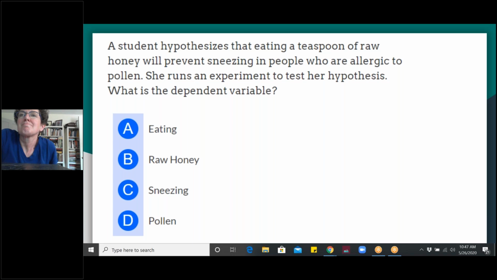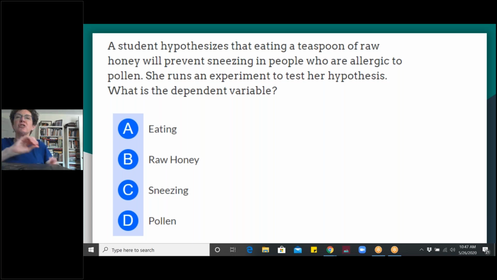What is the dependent variable? Pollen? What I asked you before was not what is the dependent variable. I asked you what is it that the experimenter is changing, which is actually the independent variable. So what is she changing?